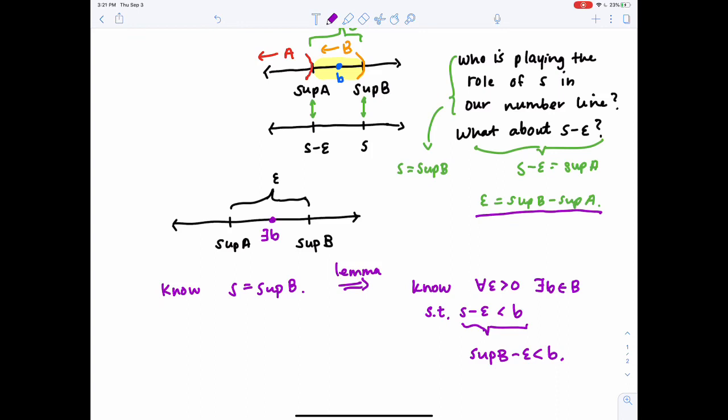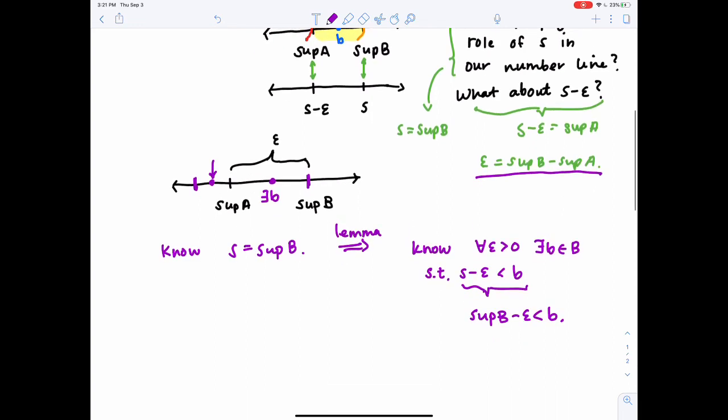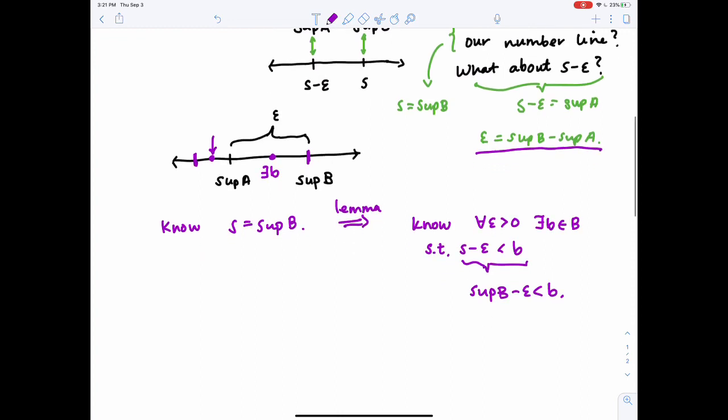Because if I were to use a different epsilon, let's say an epsilon that went all the way from here to there, the number I get in the gap might be right here. And we don't want b right there, because we're looking for a number that's going to be to the right of the set A so that we can claim it's an upper bound. So we need to use a specific distance for epsilon to guarantee that the number the lemma returns is something we can assert is an upper bound for the set A.